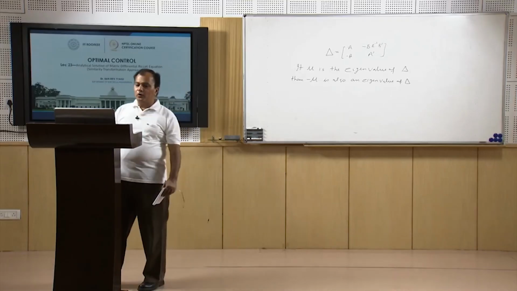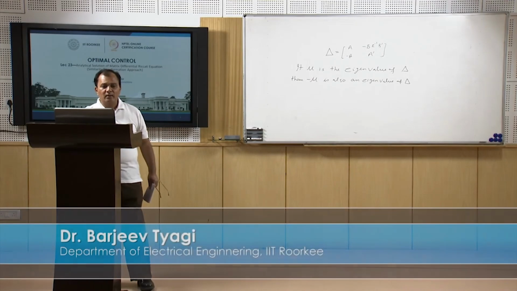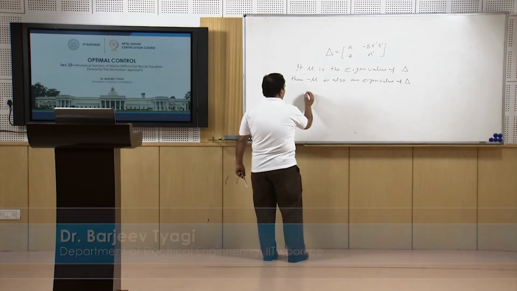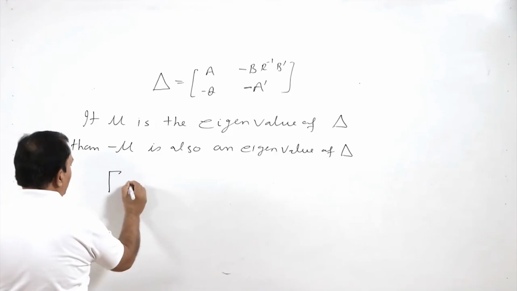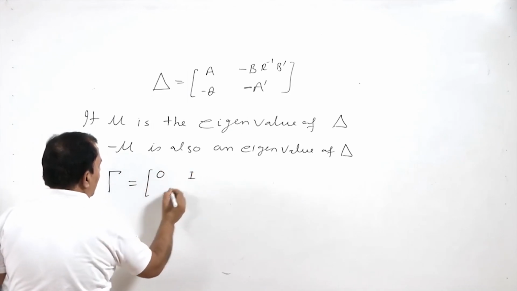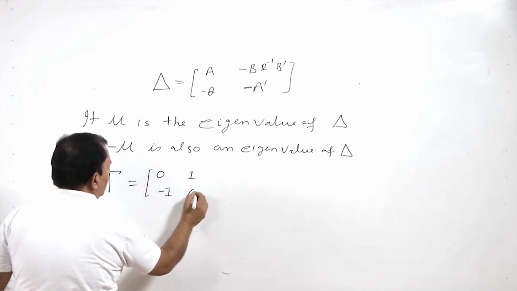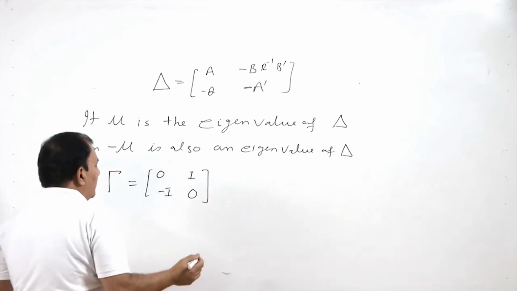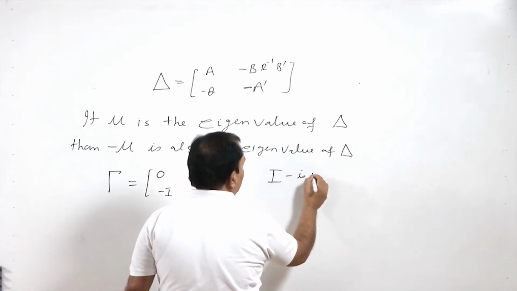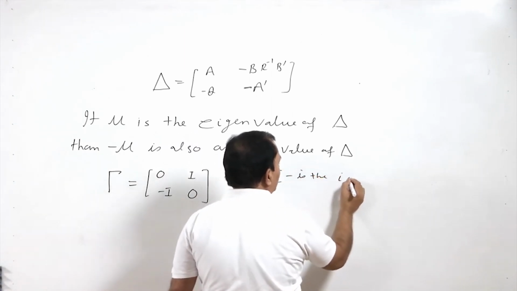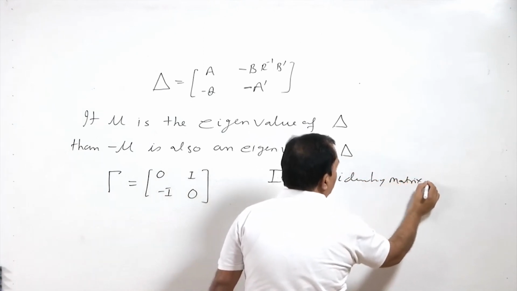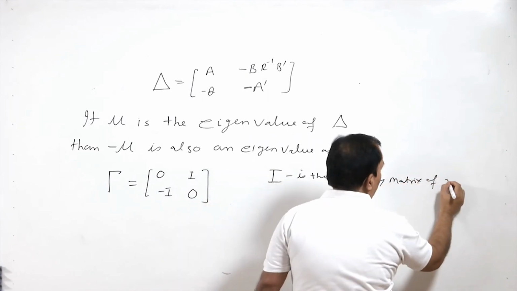This we can prove by considering a transformation matrix which we call tau, given as [0, I; −I, 0], where I is the identity matrix of order n cross n.